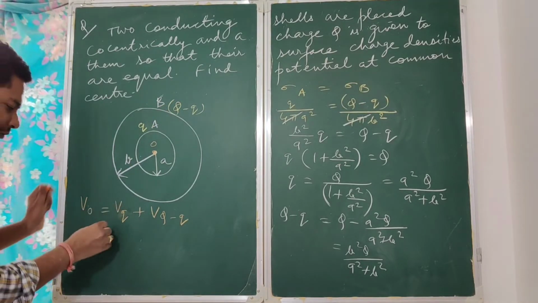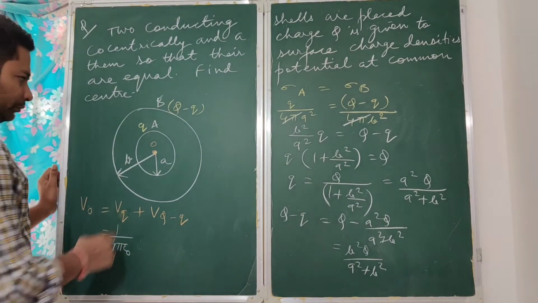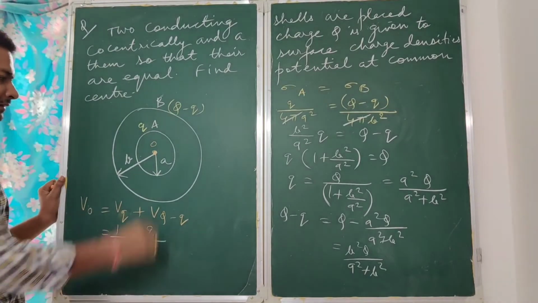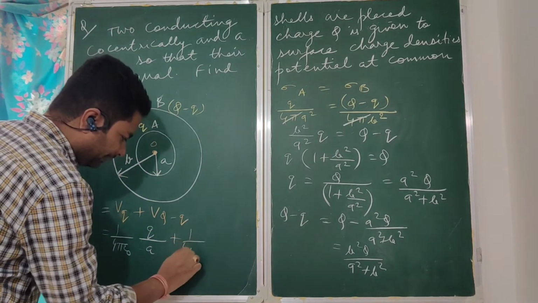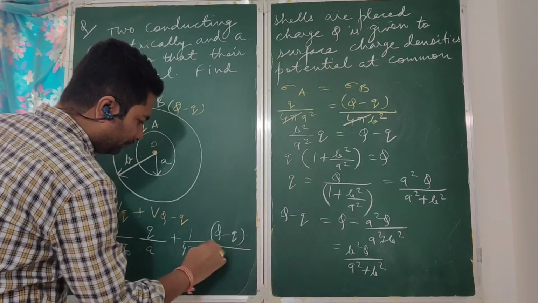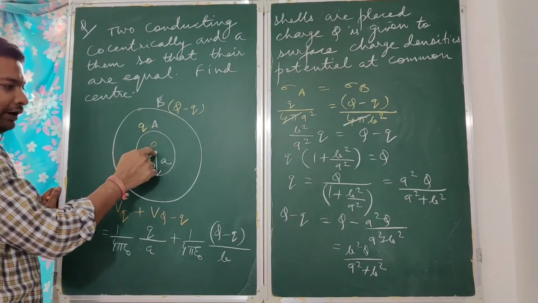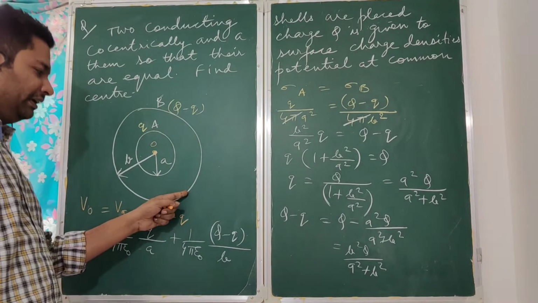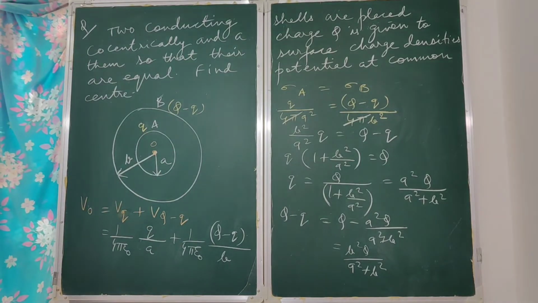So what will be the potential created here? 1 by 4 pi epsilon naught into small q by radius A. For the other one it will be 1 by 4 pi epsilon naught into capital Q minus a small q by radius B, because this point is internal to both the spheres. Whatever is the potential at the surface, the same potential will continue at any point inside the sphere.